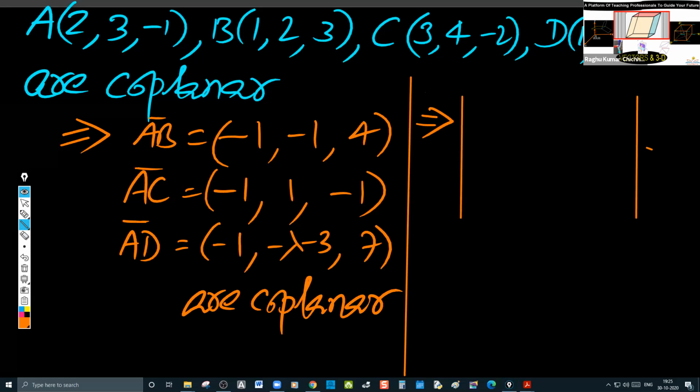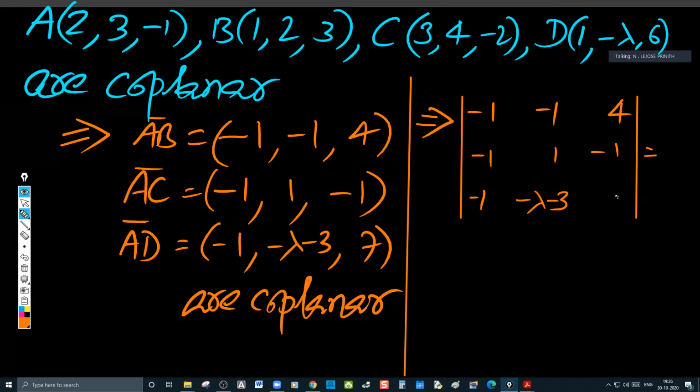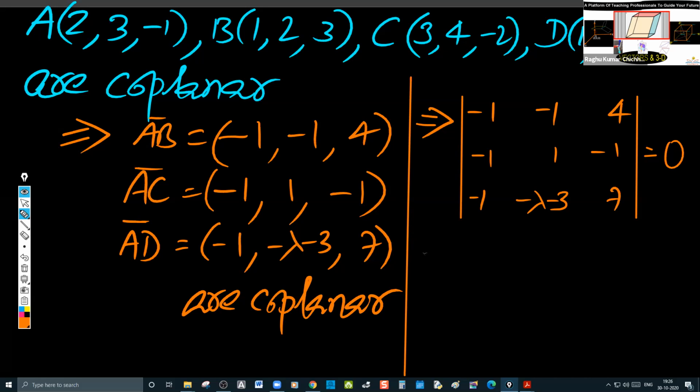Straight away you have to write the points: -1, -1, 4; -1, 1, -1; -1, minus lambda, -3, -7 is equal to 0. Please solve it and tell me the answer. I'll wait for you. Come on, both of you. Solve it for lambda.